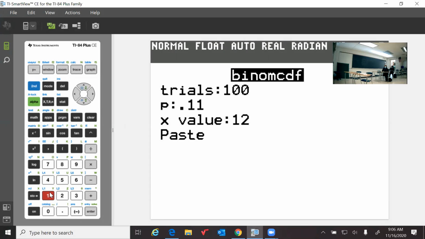We want everything up to and including, ready, because it's cumulative? Well, let's do this, not 0.11, 11, sorry. Proportion success is 11%. We want everything up to and including 14, because the question says, what's the probability that at least 15 or more are left-handed?